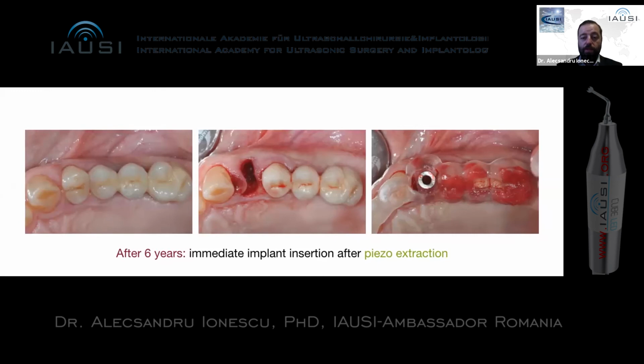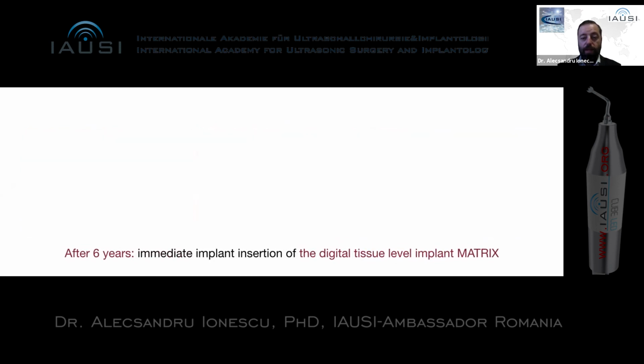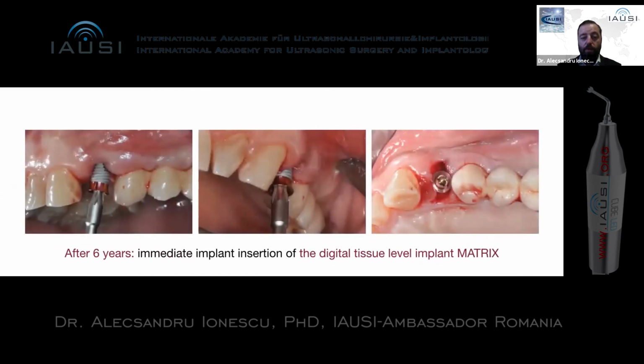So there is a special tissue level implant called Matrix, produced in Switzerland. You can see it looks like a tissue level implant, but it has a special connection that will allow the insertion of the crown directly to the implant with no abutment, no cementation, nothing.